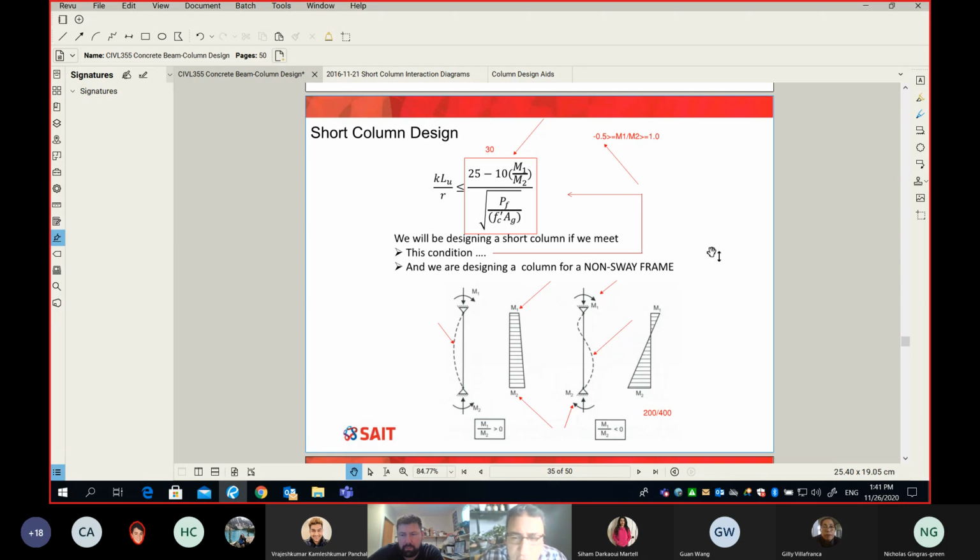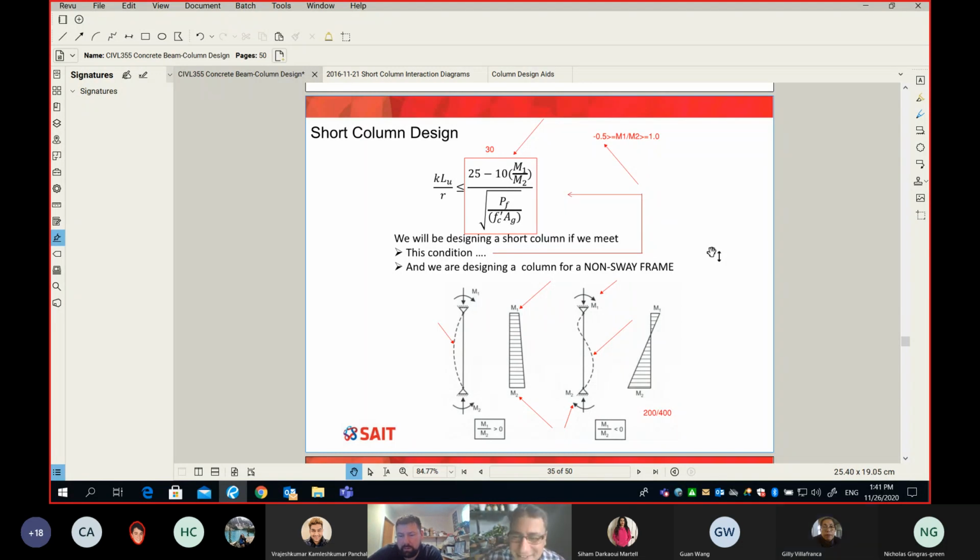Now, let's say you're solving an assignment or your final exam, and you check the condition, and it tells you that this is a slender column. What can you do? Leave it? Quit? Because we're not dealing with a slender column, it's outside of our scope.